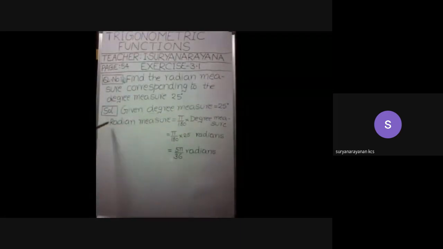Given degree measure of the angle is 25 degrees. Now come to the radian measure. What is the formula? Radian measure is equal to pi by 180 into degree measure. You have to remember this formula, my children. Yesterday also I told you. That is equal to pi by 180 into 25.